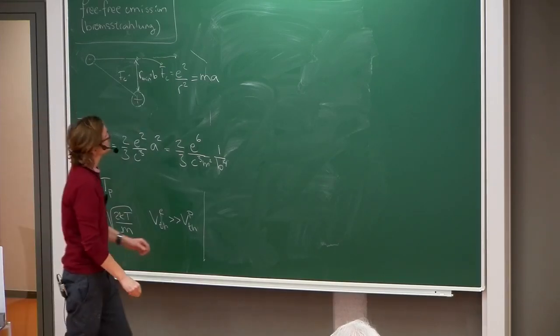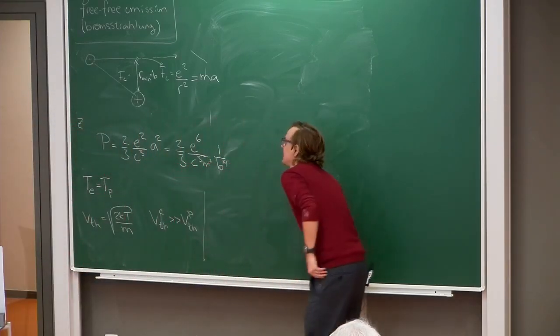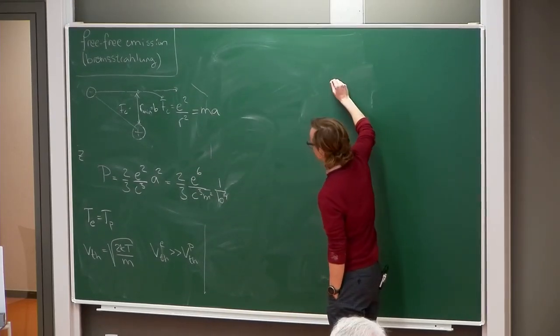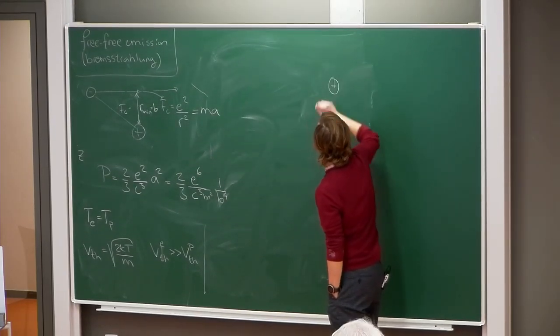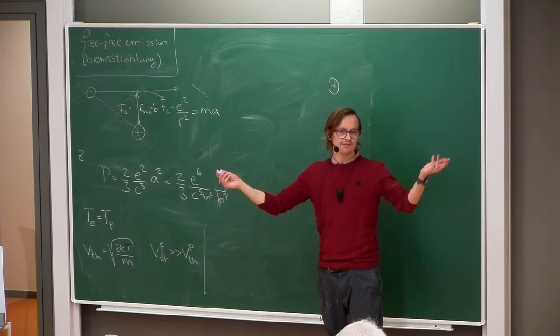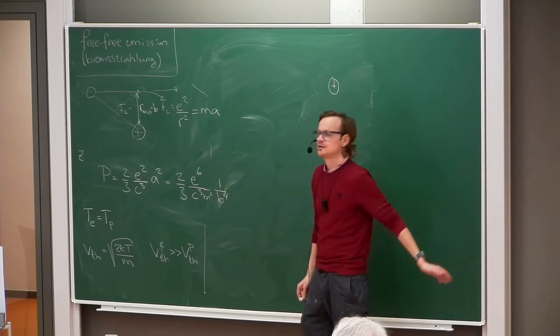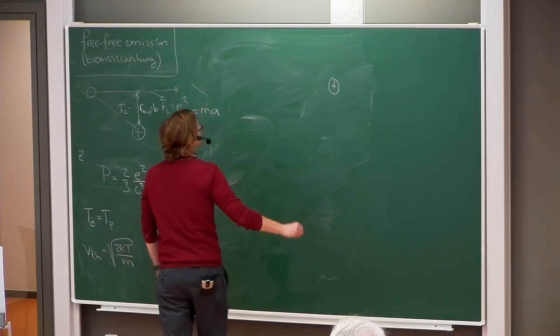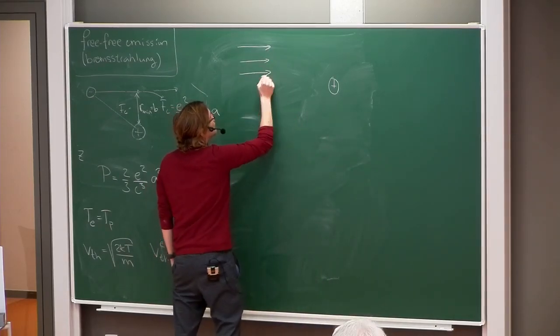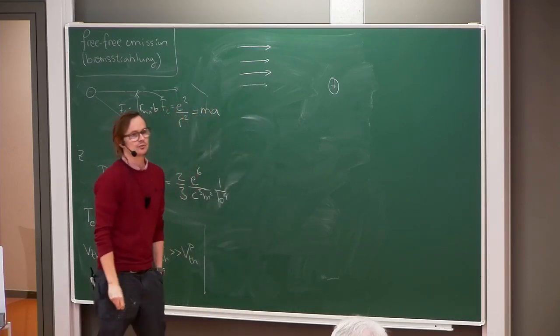Okay, so then, of course, we're going to continue with the single proton here. But we're not just having one electron that is streaming by, but we have a flux of electrons, a swarm of free electrons coming into us like this.